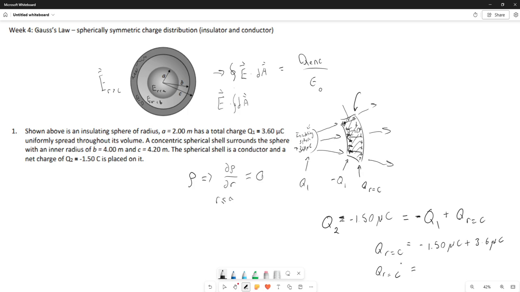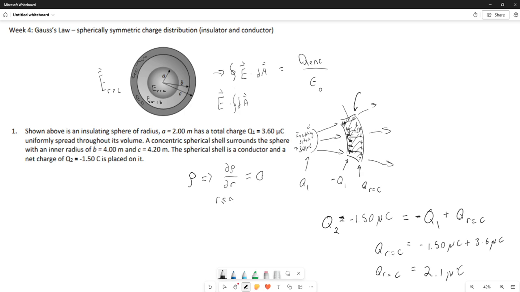And so then this becomes negative 1.5 plus 3.6, which is 2.1 microcoulombs, the total charge on the outer radius. So that's part of the problem answered.